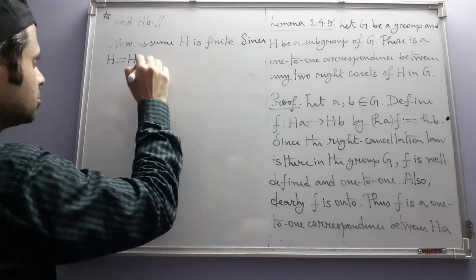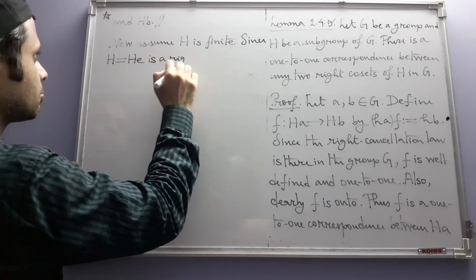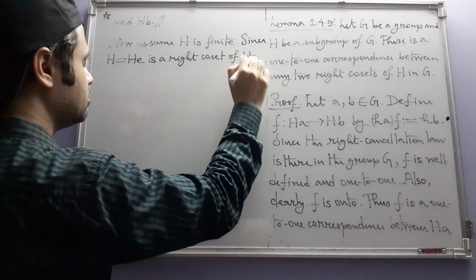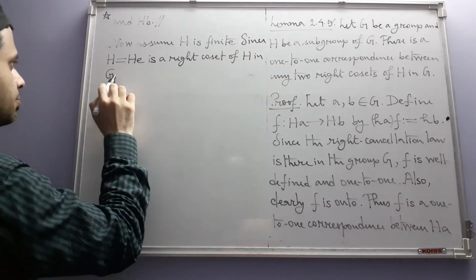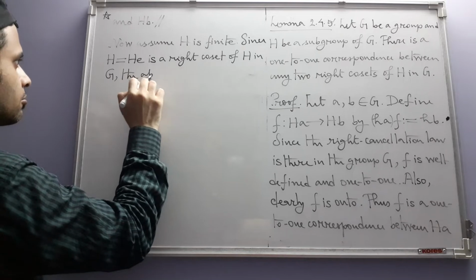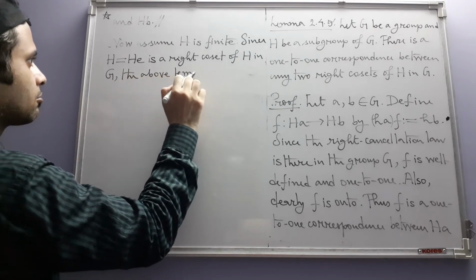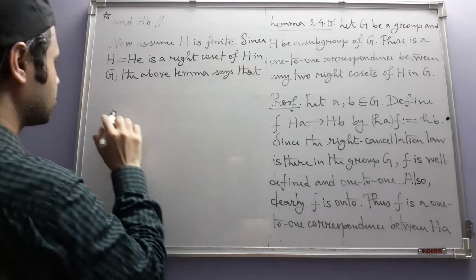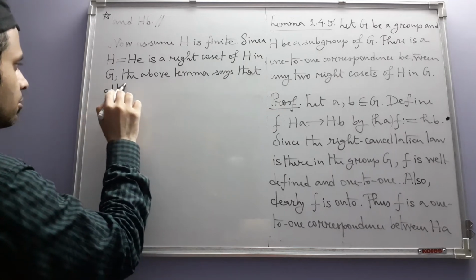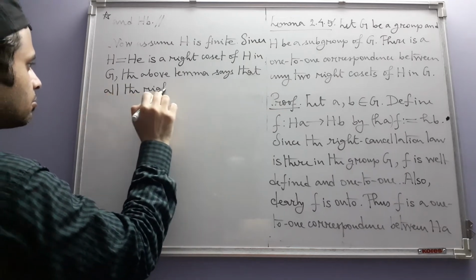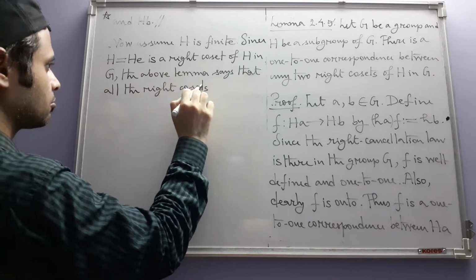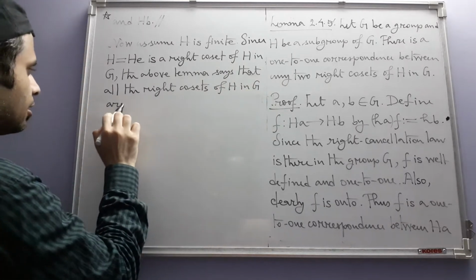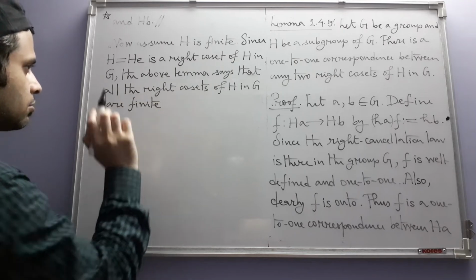So since this is a right coset of H in G, the above lemma says that all the right cosets of H in G are finite and have order of H elements. Why?